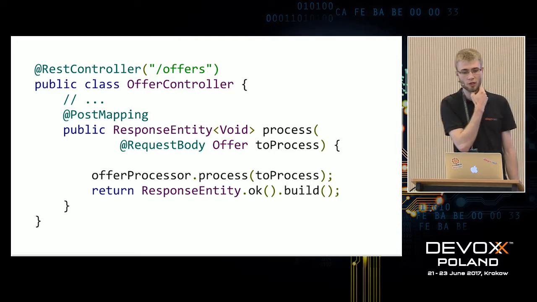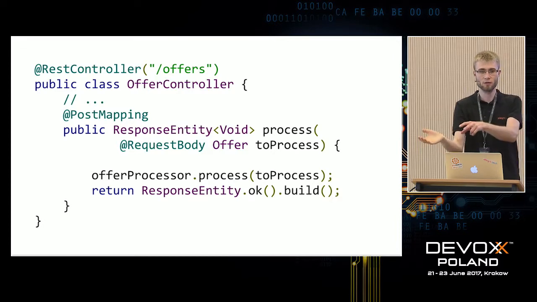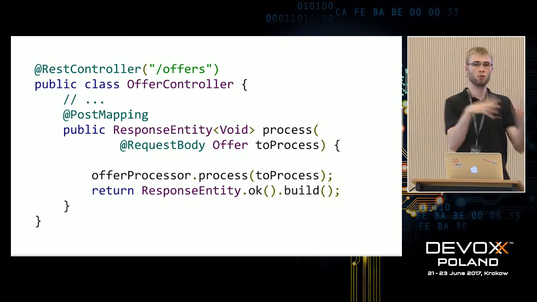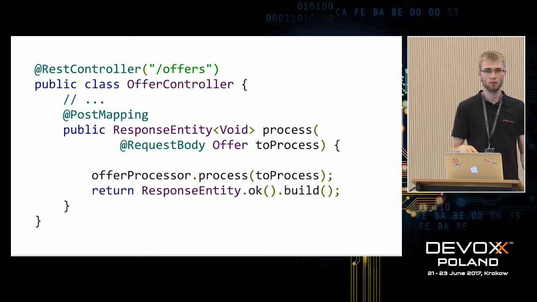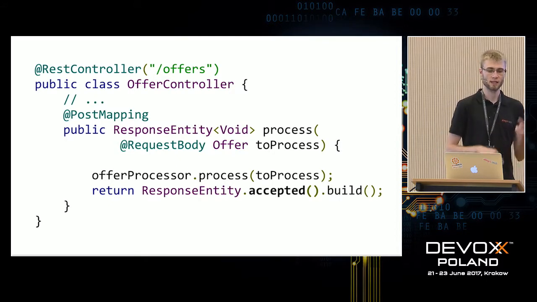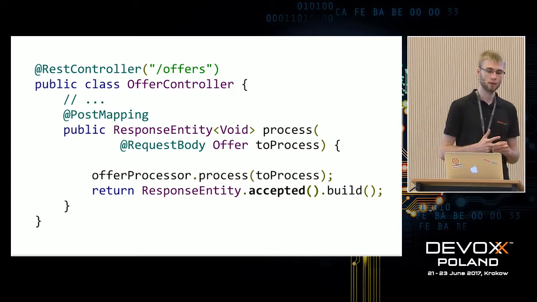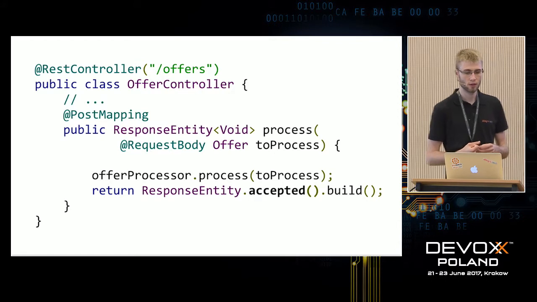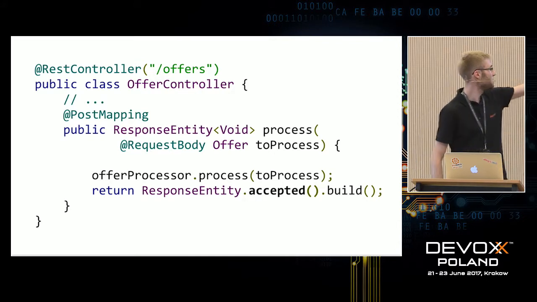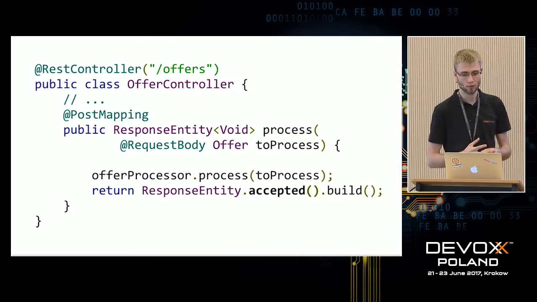He would like to send us this offer and immediately get the response, like accepted, and not wait for us. So we're going to do things asynchronously here, and submit processing tasks to our offer processor and immediately get the accepted response.